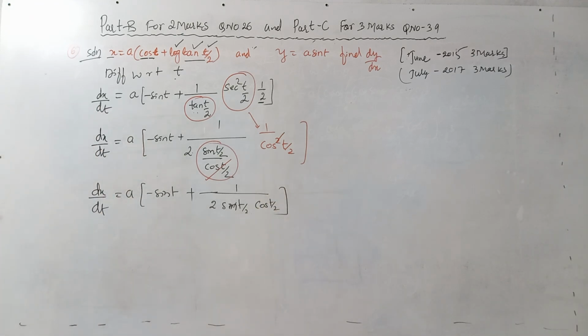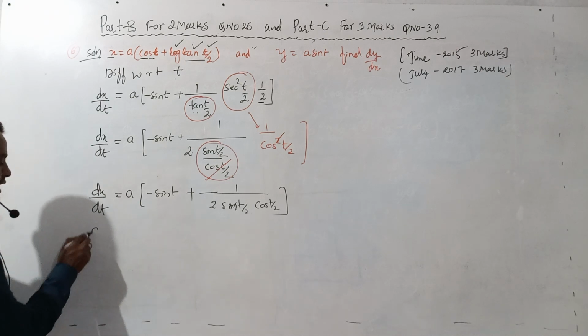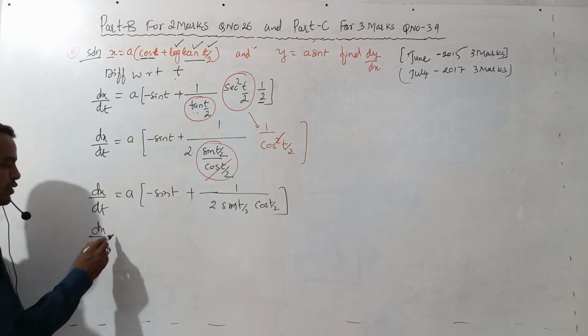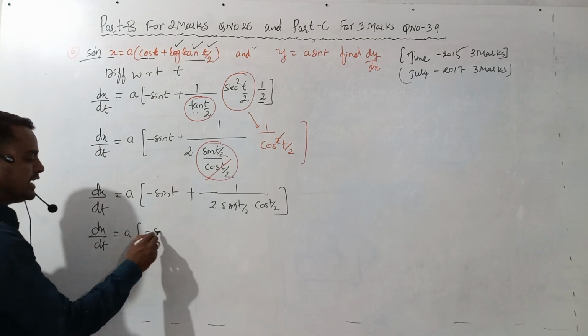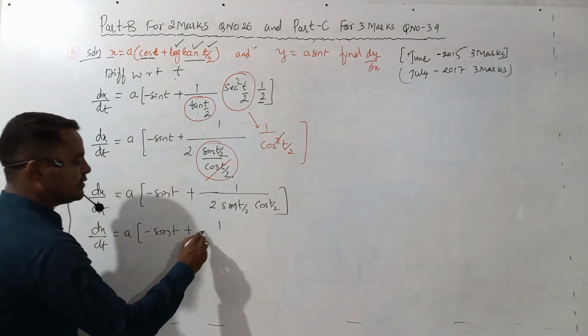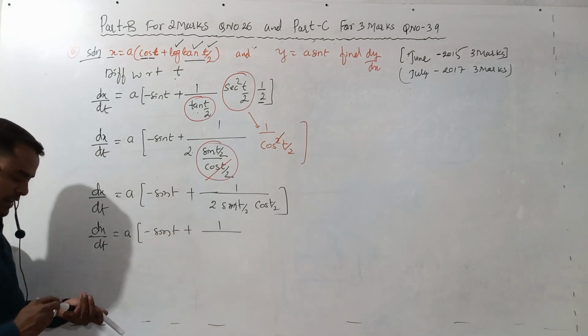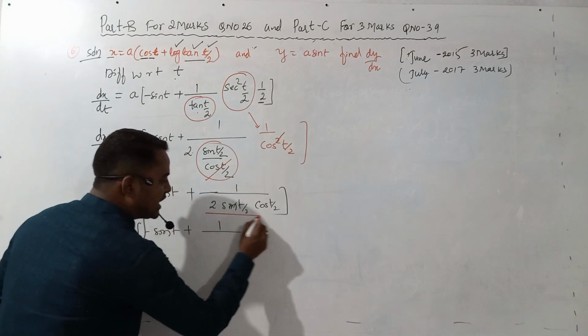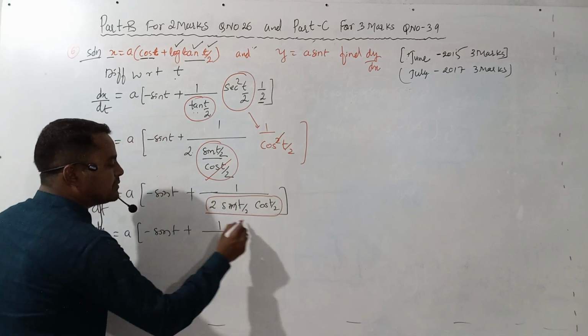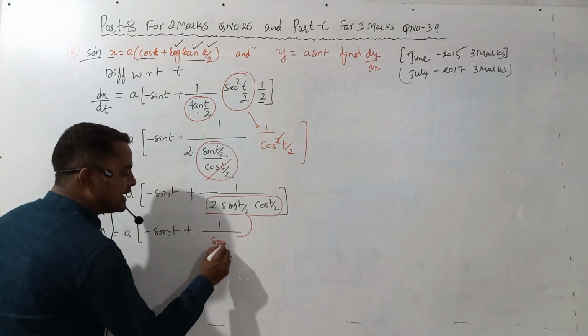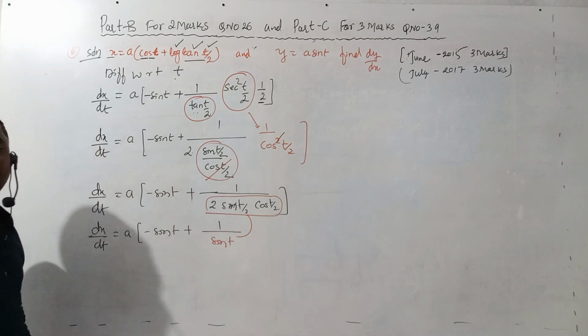Now dx by dt is equal to a into the bracket minus sin t plus 1 over this 2 sin t by 2 cos t by 2, which can be written as sin t because it is a formula.